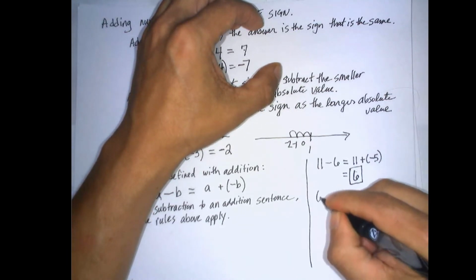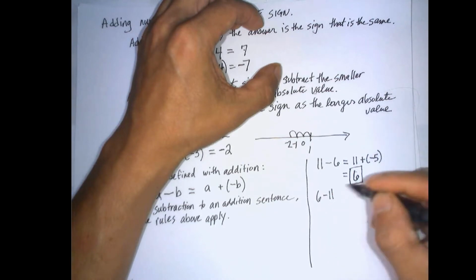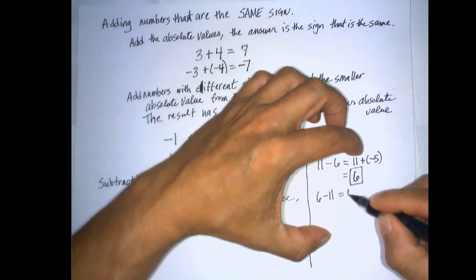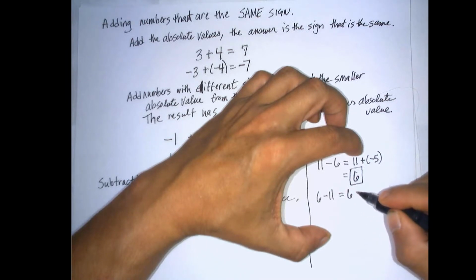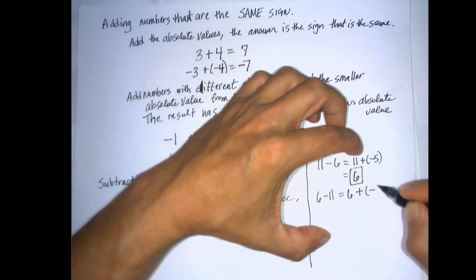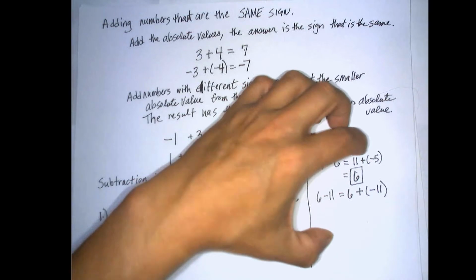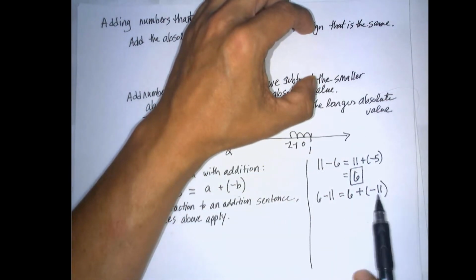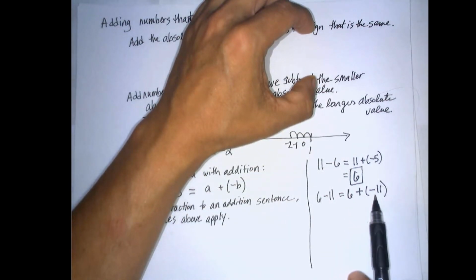What about 6 minus 11? 6 minus 11, we take 6, and we convert this to plus negative 11. And 6 plus negative 11, different signs, we subtract.